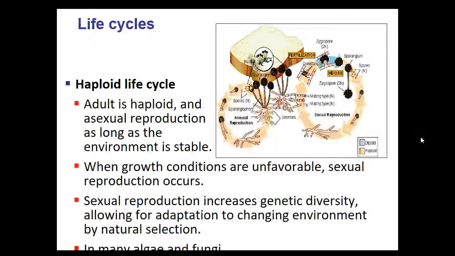Again, that haploid life cycle that fungi do, so the adult is haploid. Some organisms can do both sexual and asexual reproduction. In organisms that can do that, when the conditions are favorable for the organism, everything's just going fine, they will reproduce asexually.